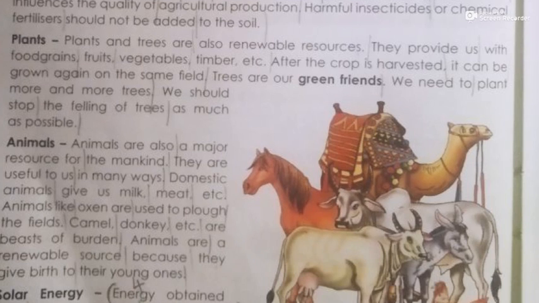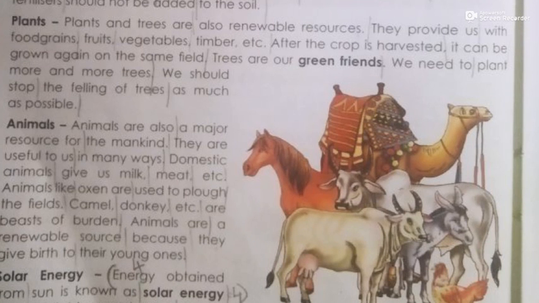Then moving on to the next one, plants. Plants and trees are also renewable resources. They provide us a lot of food, vegetables, fruits and wood, timber that we use for our furniture.